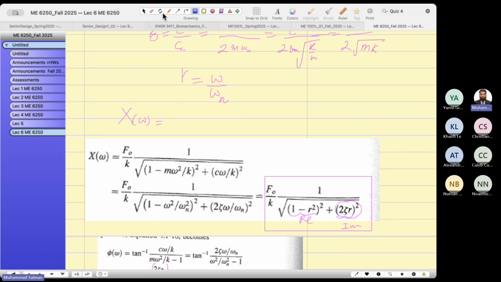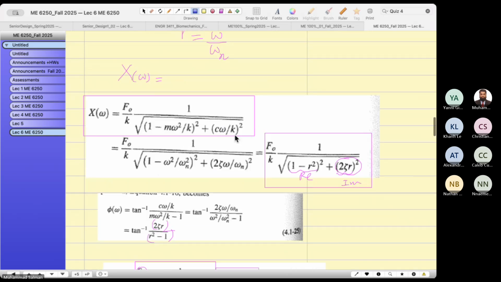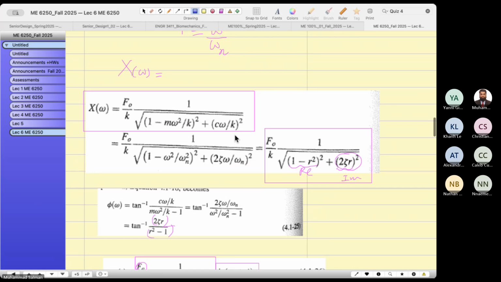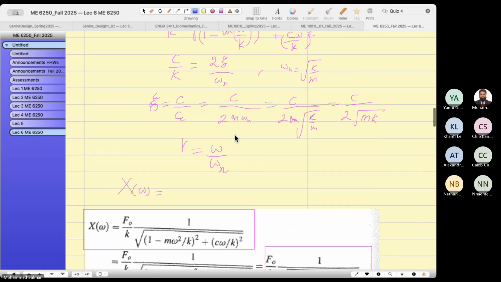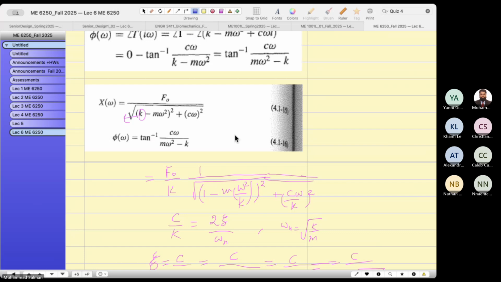This one is the same thing. Let's use this equation.